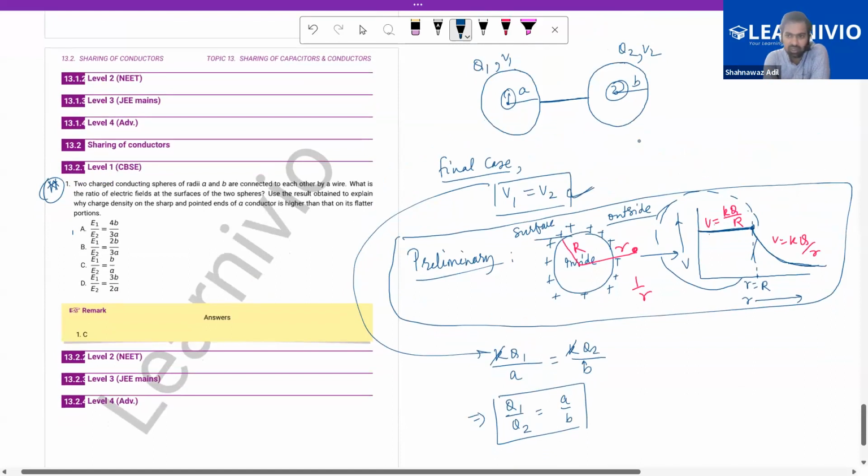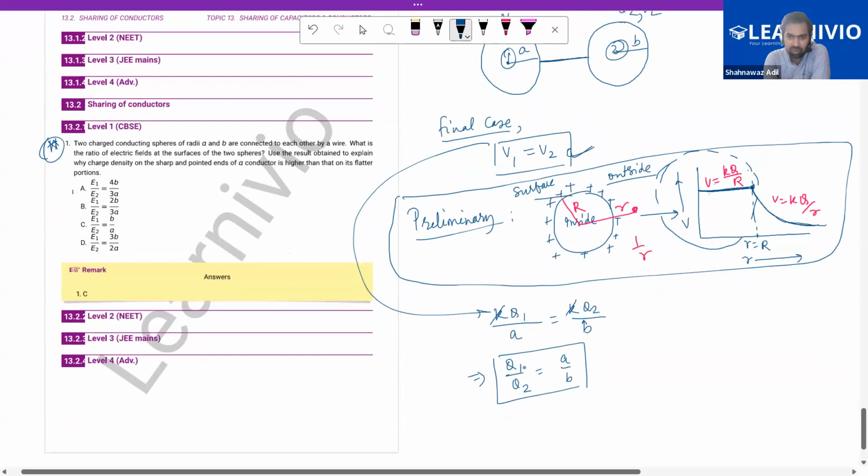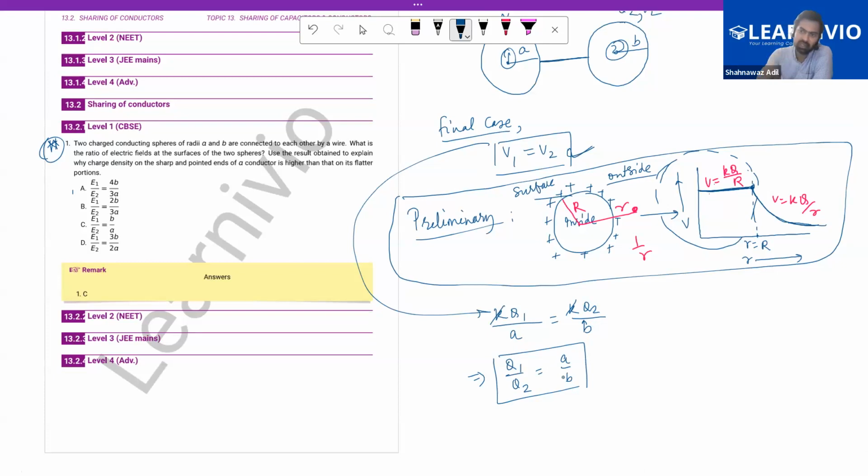The radius is A in here, and in here the radius is B. So the potential would be kQ by A in one, and kQ by B in the other. So we got the ratio of the charges. That is what we have done. This is the thing that we should know before. Is it clear?